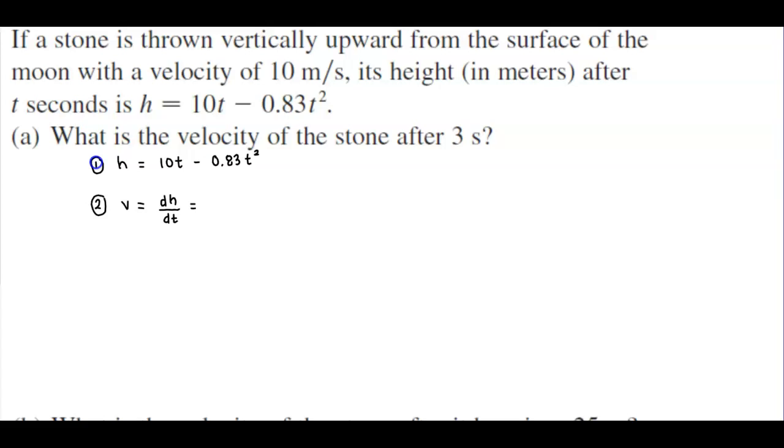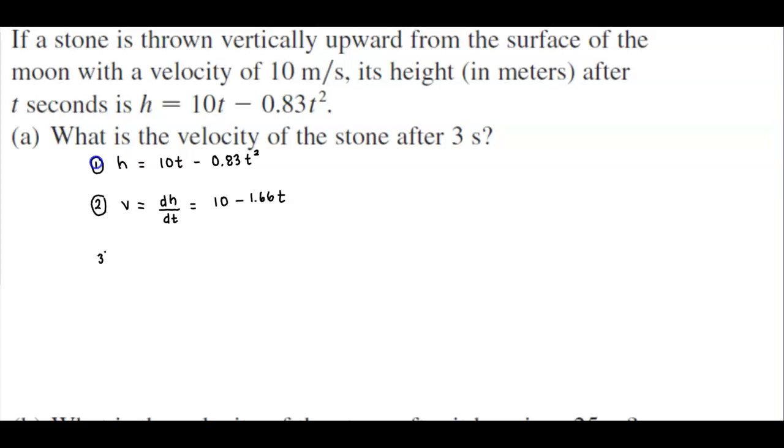Taking the derivative, 10t becomes 10, minus 2 times 0.83 gives us 1.66t. So therefore, there is our velocity function.